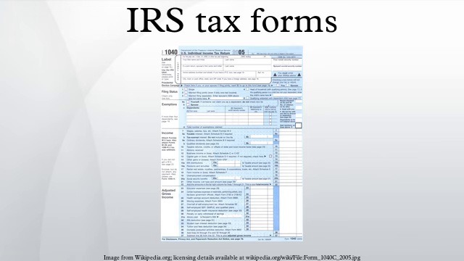1099-SA, Distributions from an HSA, Archer MSA, or Medicare Advantage MSA. 1042-S, foreign persons' U.S. source income. SSA-1099, Social Security Benefit Statement. SSA-1042-S, Social Security Benefit Statement to non-resident aliens. RRB-1099, payments by the Railroad Retirement Board. RRB-1099-R, pension and annuity income by the Railroad Retirement Board.